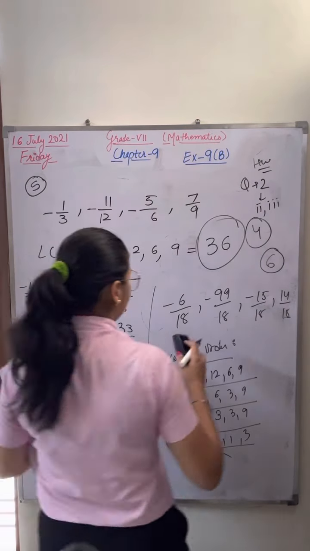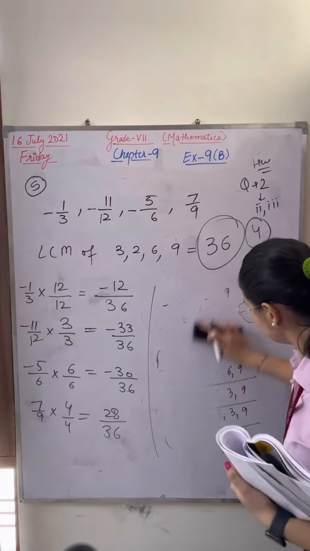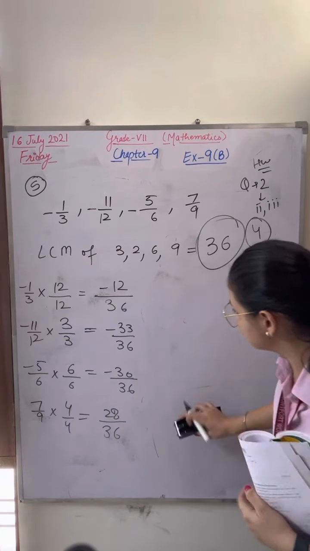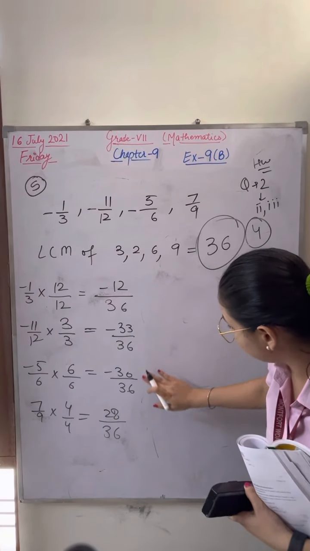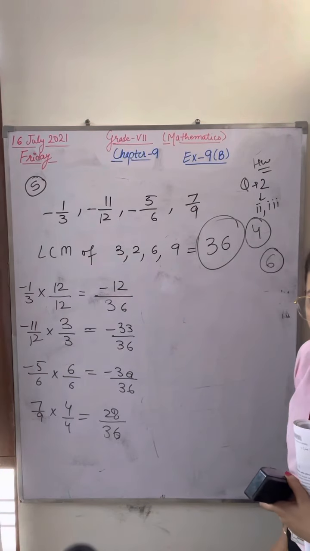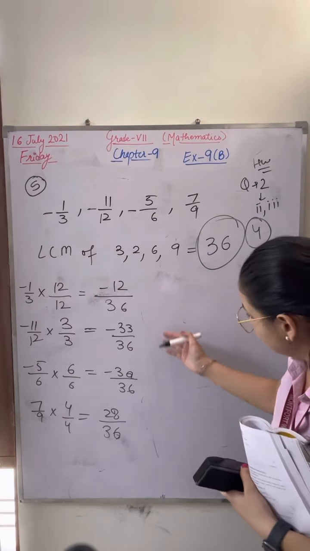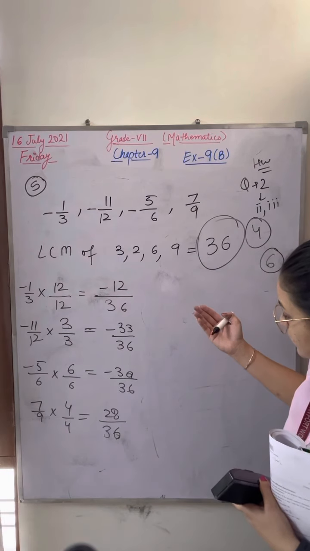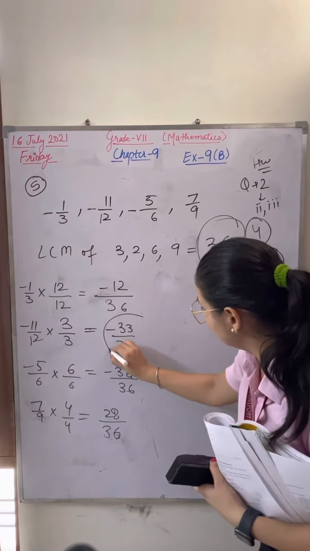Now please tell me, which number is the smallest? The number which is the highest negative is the smallest.